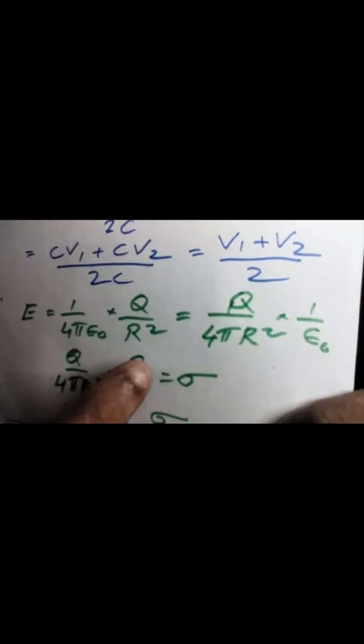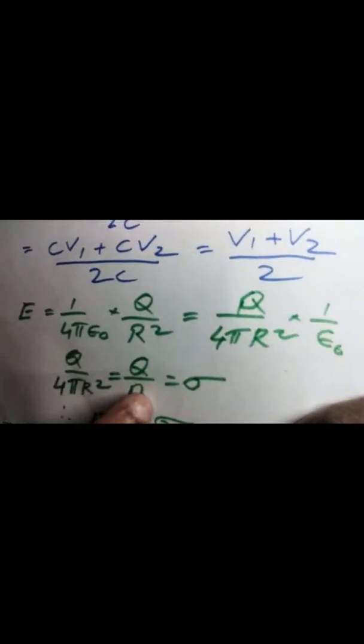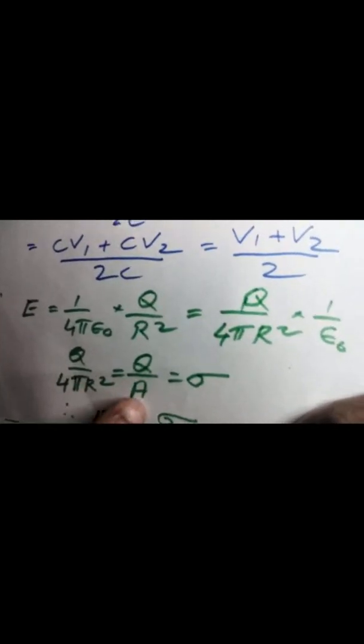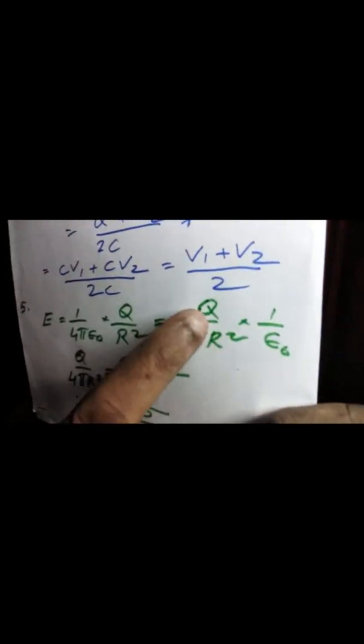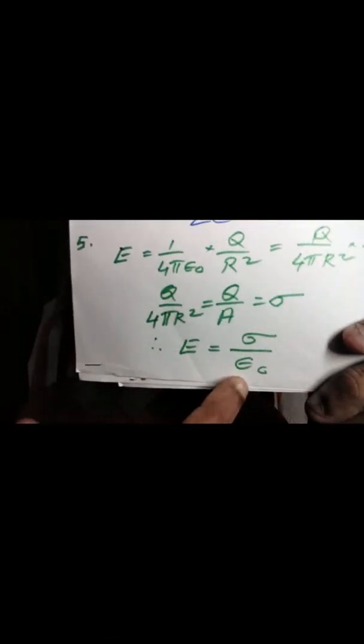Now Q by 4 pi R square is nothing but Q by the area of the sphere. 4 pi R square is the area. Q by A is the charge density sigma. So E equals sigma into 1 by epsilon 0, or E equals sigma by epsilon 0. This is the answer.